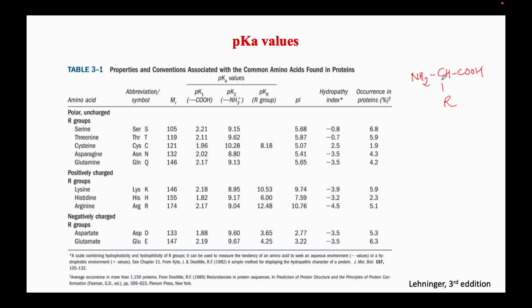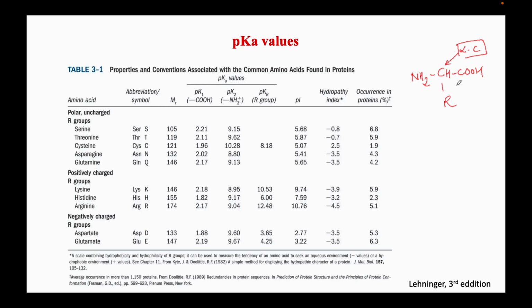Why alpha? Because the amino group is attached to the alpha carbon. All the amino acids found in nature, at least in humans, are alpha amino acids.